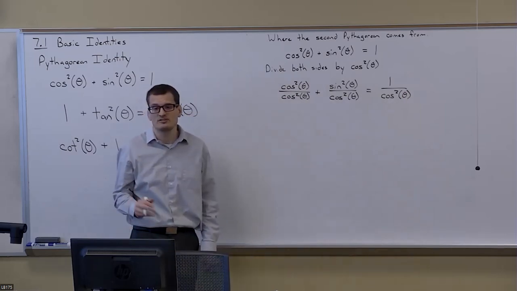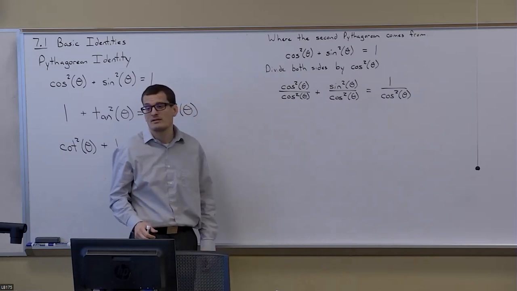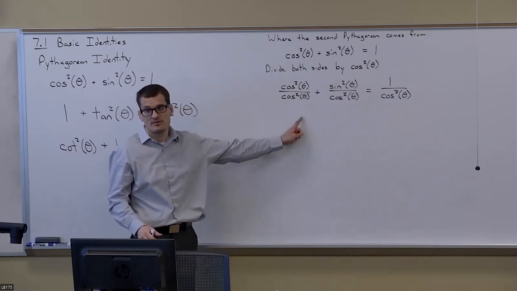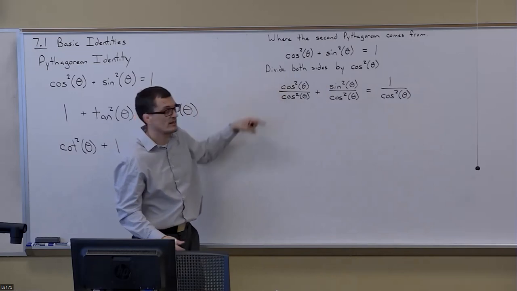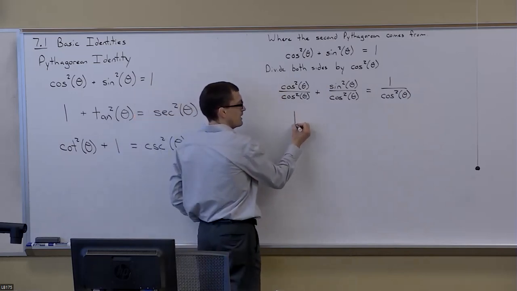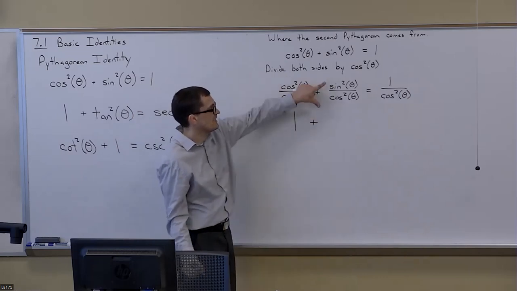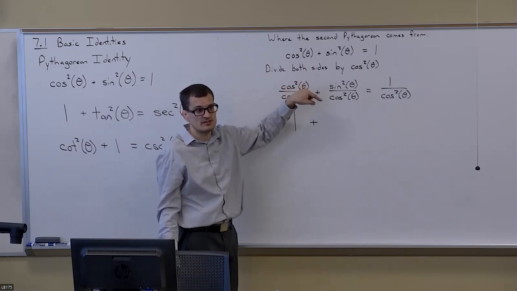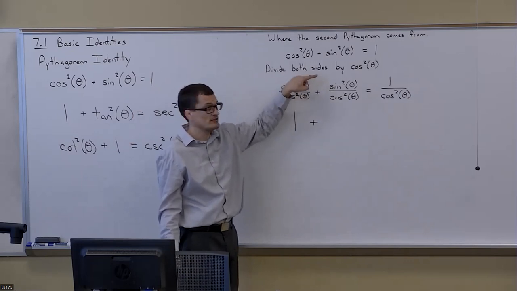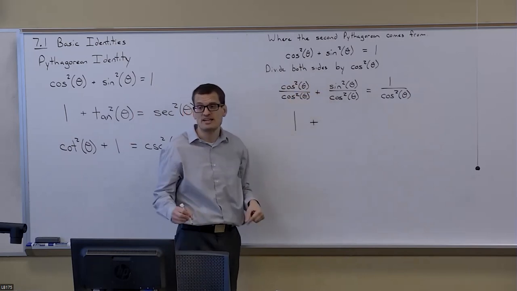So dividing both sides by cosine squared gives me this. Cosine squared divided by cosine squared just gives me a 1. If I took sine over cosine, that would give me a tangent. But if I take sine squared over cosine squared, that gives me tangent squared.